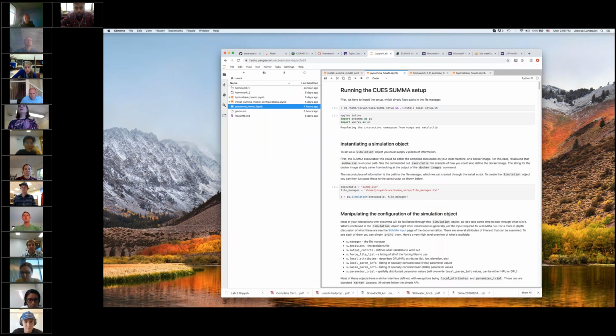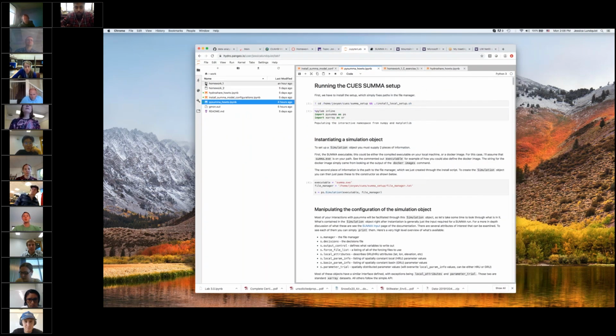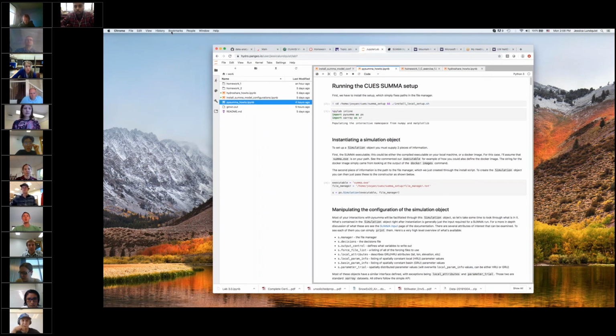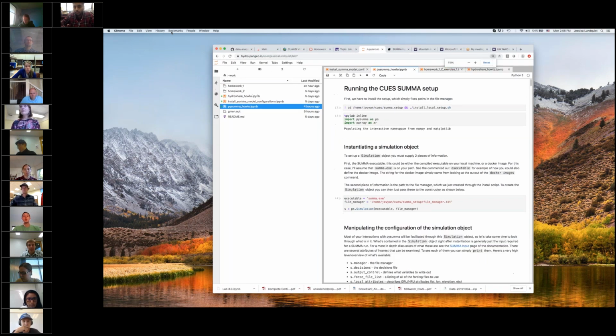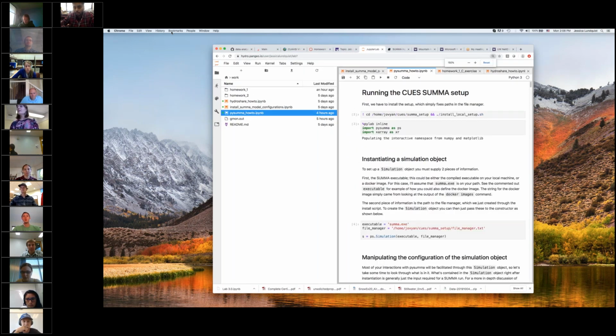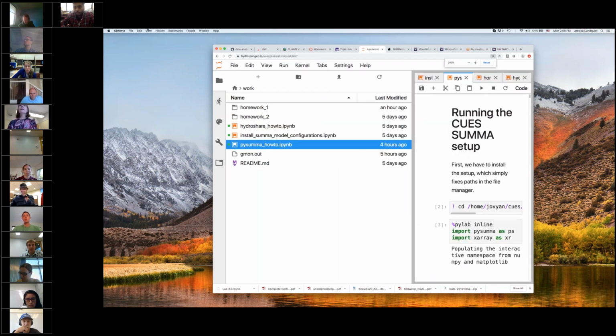Let's see if I can make everything larger. Larger font, better for people.